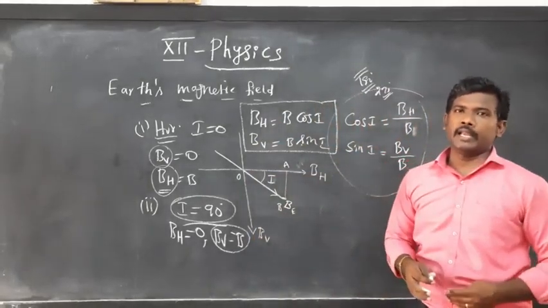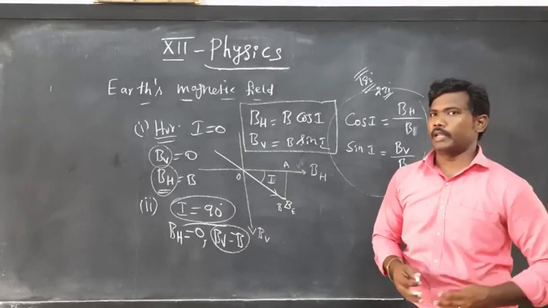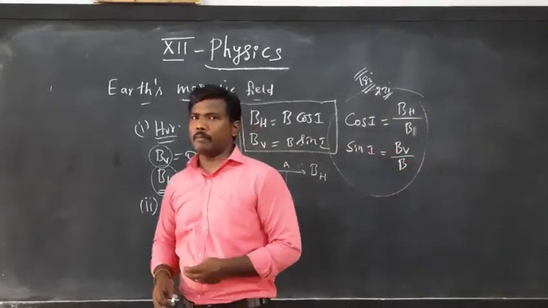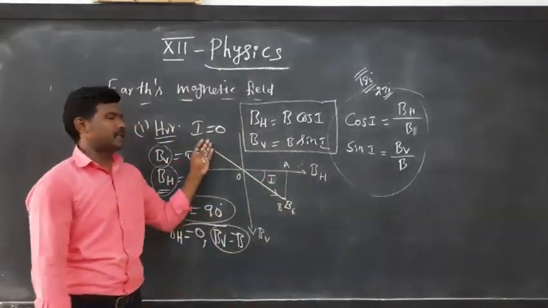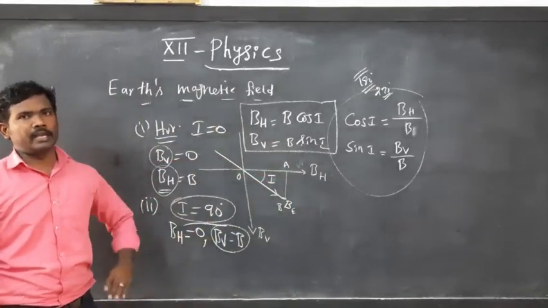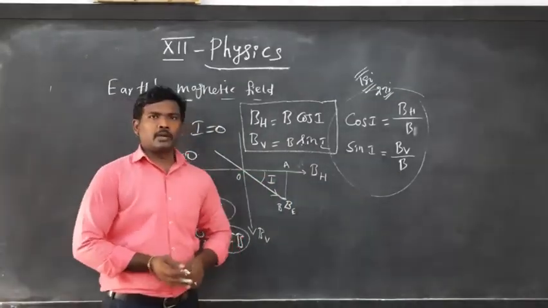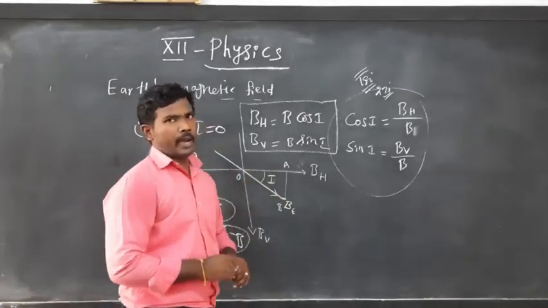But in your textbook, they compare only two things: horizontal and vertical. That means only I is 0 degree and I is 90 degree are discussed in your textbook. Next we are going to see some of the basic properties of magnets.